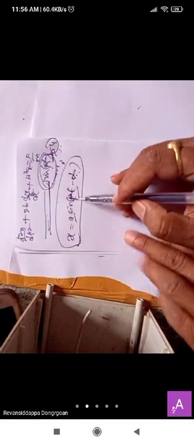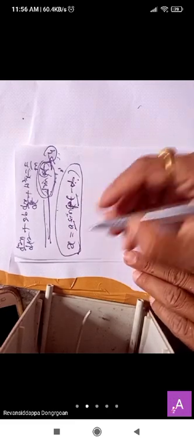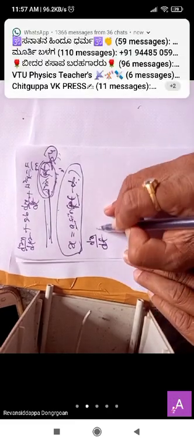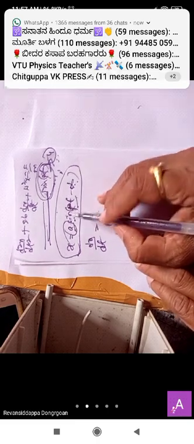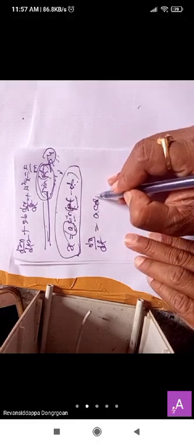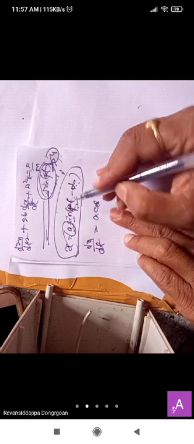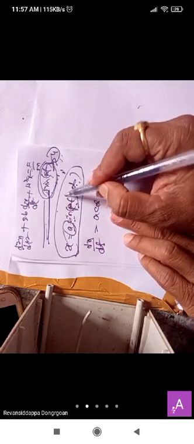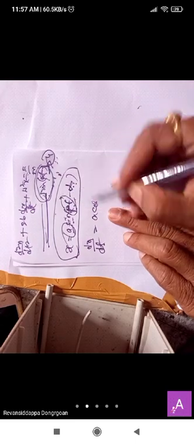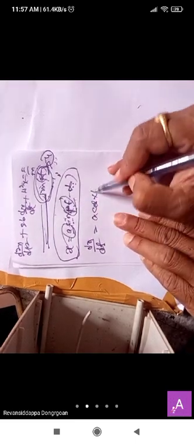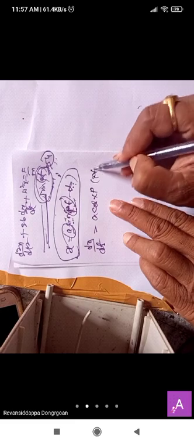Now simply differentiate. What will you get? dx by dt: a is a constant, and the differentiation of sine is cos. Differentiating with respect to t only, we consider only this term, not alpha. Therefore dx by dt is a p cos of (pt minus alpha).